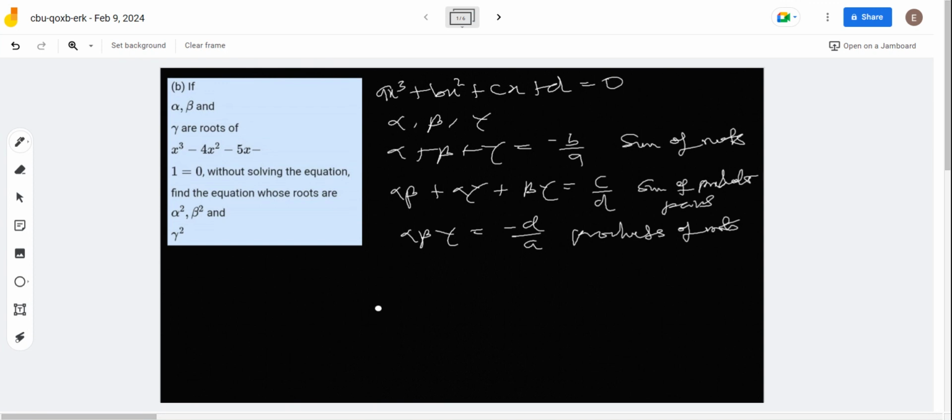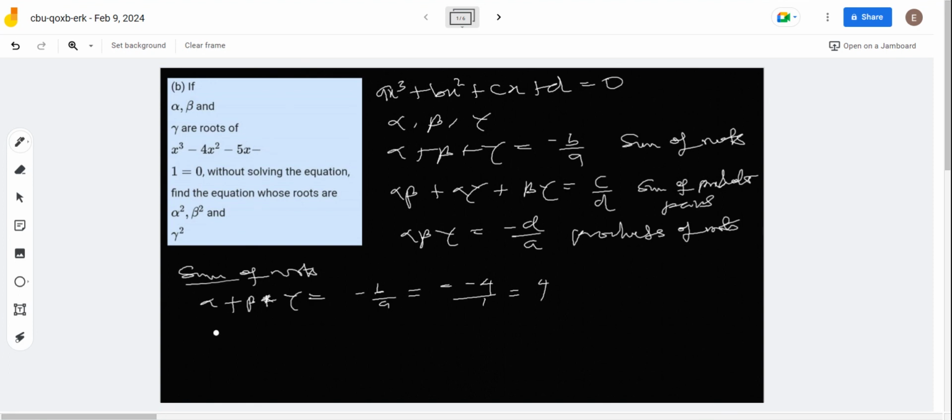So let's look at the original equation. The sum of roots, alpha plus beta plus gamma, is minus b over a, which is minus negative 4 over 1, and that gives us 4.